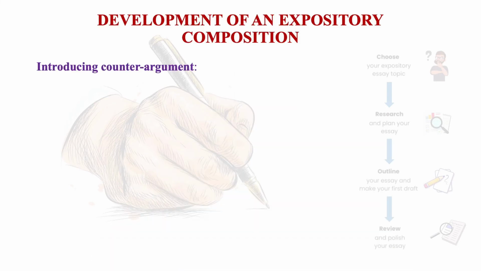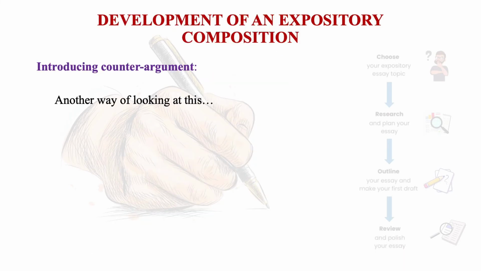And then by way of explanation, you also introduce counter arguments. Suppose there are certain things which you do not agree with, then you may give your counter argument also. Now the question is, how do you make use of your counter arguments?